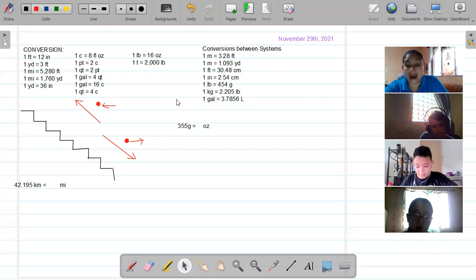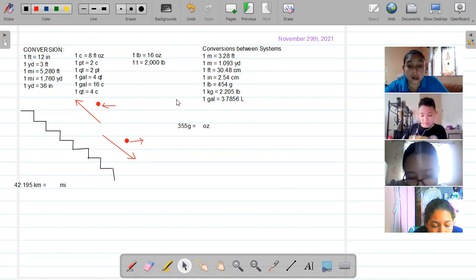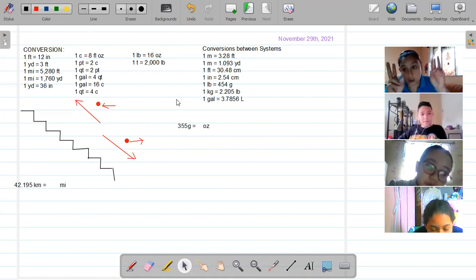Then we go with mass. 1 pound is 454 grams. 1 kilogram will be equal to 2.205 pounds. So whenever you go to the doctor and the doctor weighs you and the doctor says, okay, your weight, even though we're talking about mass, is 30 kilograms, then you know that you need to multiply that by 2.205 so you can know how many pounds you actually weigh.